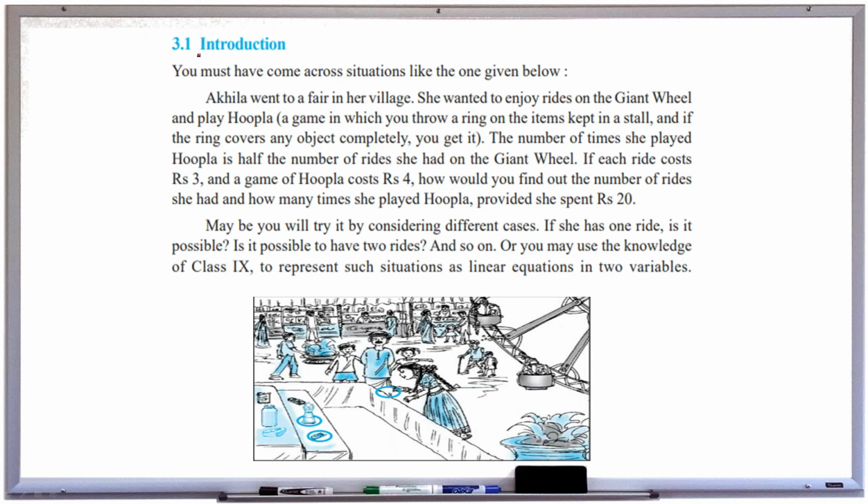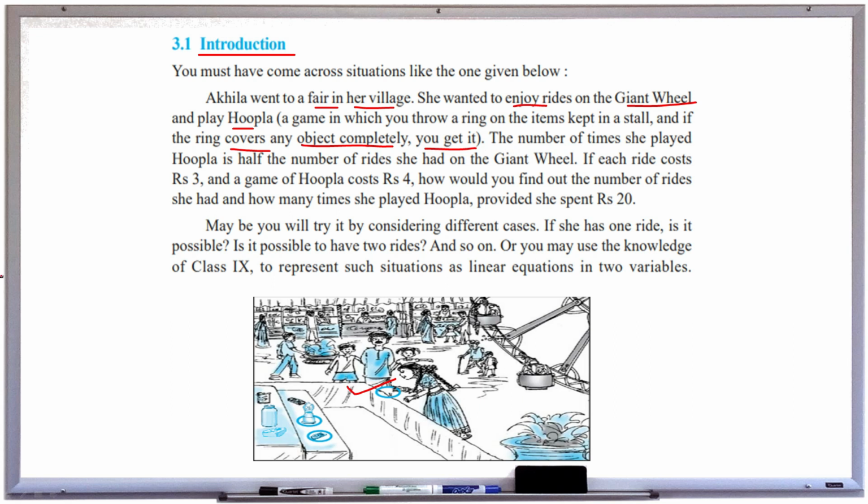Introduction to the topic. You must have come across situations like the one given below. Akila went to a fair in her village. She wanted to enjoy a ride on the giant wheel and play hoopla, a game in which you throw a ring on the items in a stall, and if the ring covers any object completely, you get it.